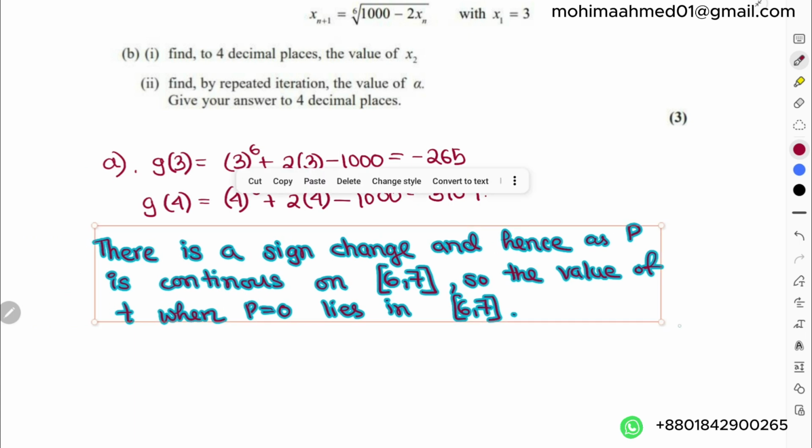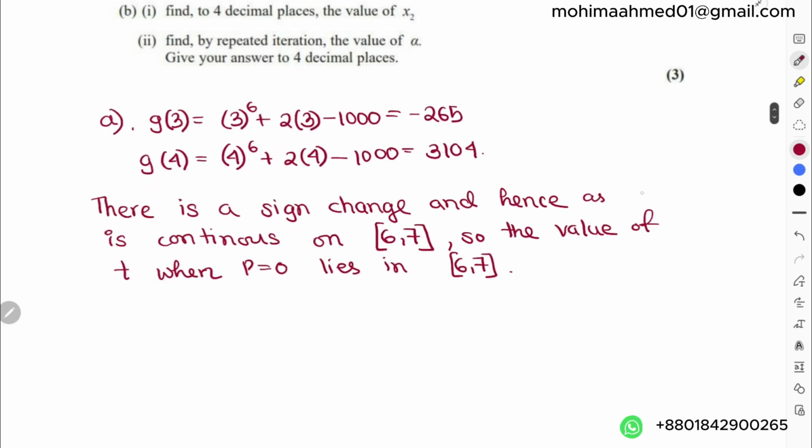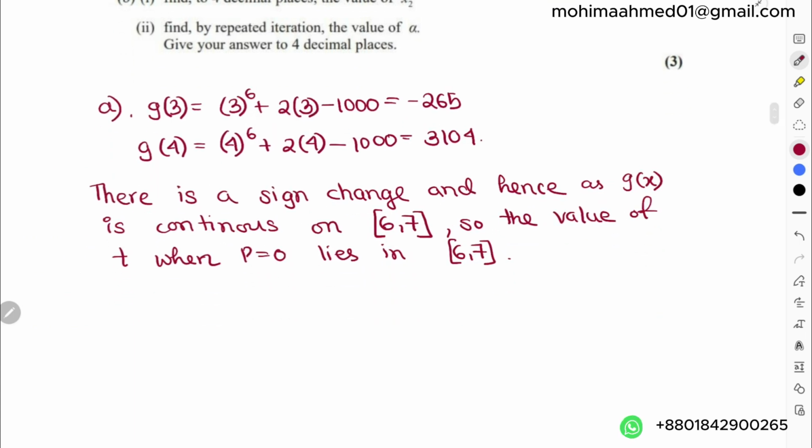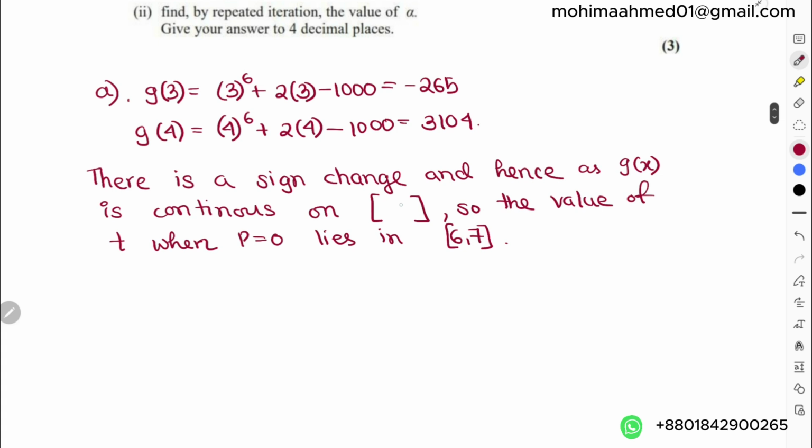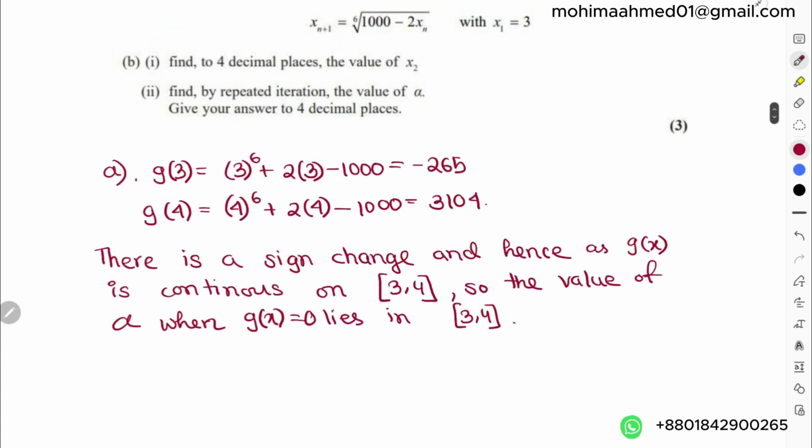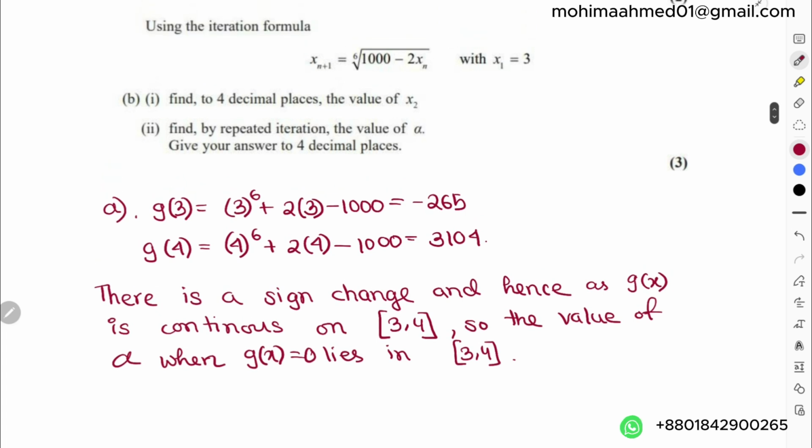Yeah, this one exactly. And we're going to write that g(x) is continuous, the range was 3 and 4, this time alpha again, and g(x) equals 0, right? The same statement I'm going to repeat every time.